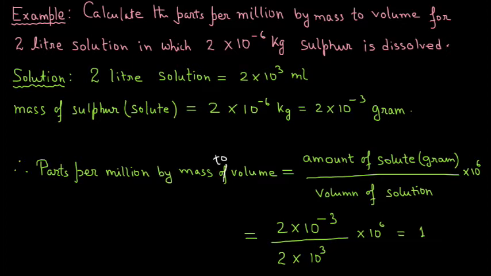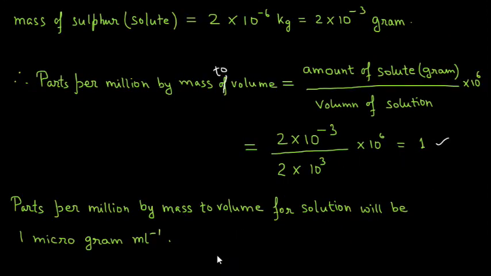Putting in the mass of sulfur and the volume of the solution and calculating, we got 1 as the answer. Therefore, parts per million by mass to volume for the solution will be 1 microgram per ml.